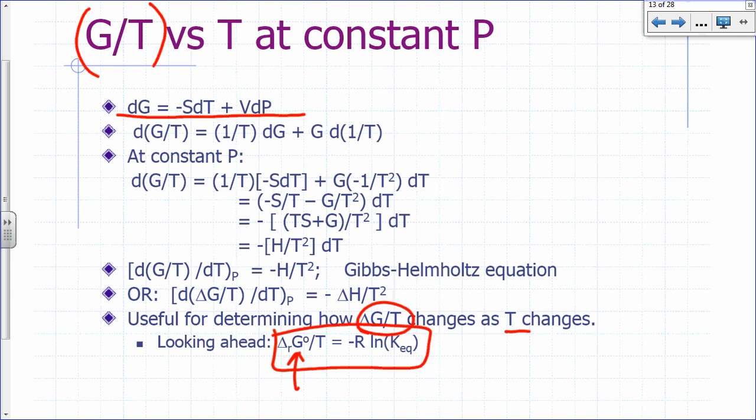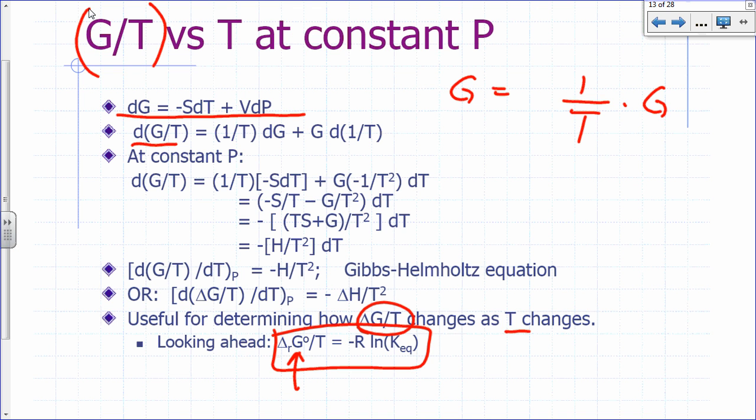So if I take the differential of G over T, look, G over T is the same thing as G times 1 over T, or 1 over T times G. Let me write it that way. What do you do when you take a derivative of a product? First times the derivative of the second, plus the second times the derivative of the first.